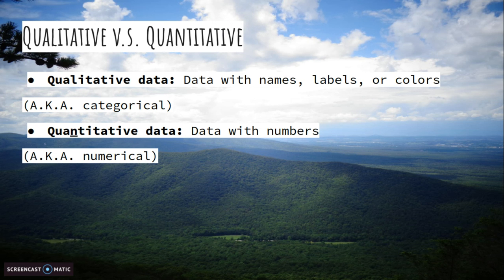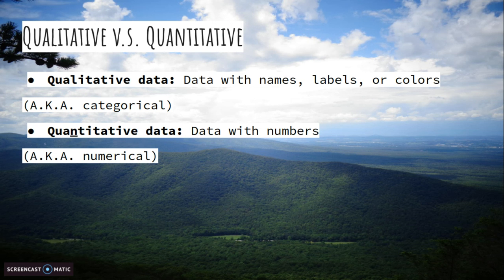First, let's look at qualitative versus quantitative data. Qualitative data is data with names, labels, or colors. This is also called categorical data. It's like if you're doing a bar graph of how many people like chocolate ice cream or vanilla ice cream; it doesn't have a value associated with it.